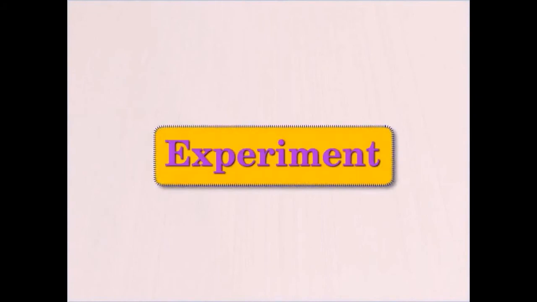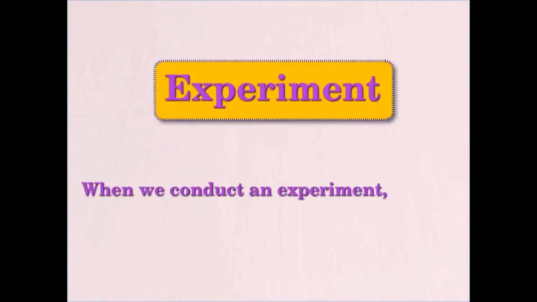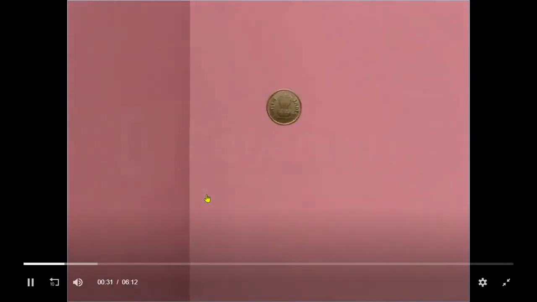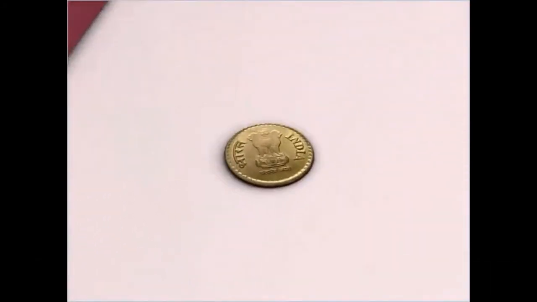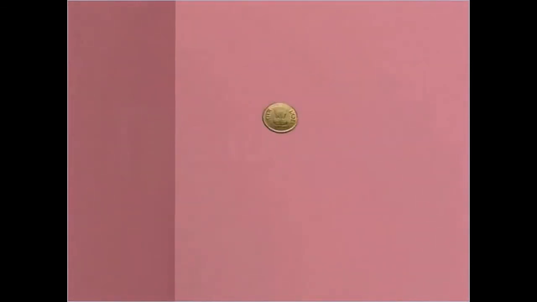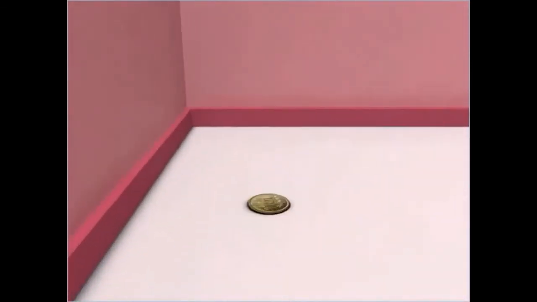First, let us recall what an experiment is. When we conduct an experiment, we get a result or outcome. When we flip a coin, the outcome may either be heads or tails.